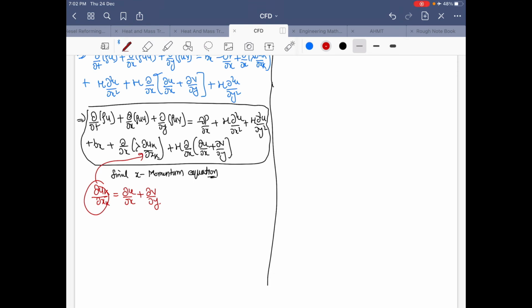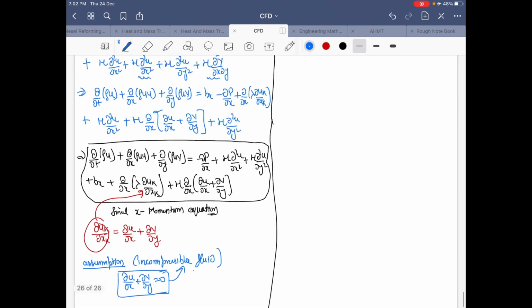If I take one important assumption, that is incompressible fluid, this means that your density is not changing with respect to time. So from the continuity equation we can write ∂u/∂x plus ∂v/∂y equal to 0. This is what is valid for incompressible flow.